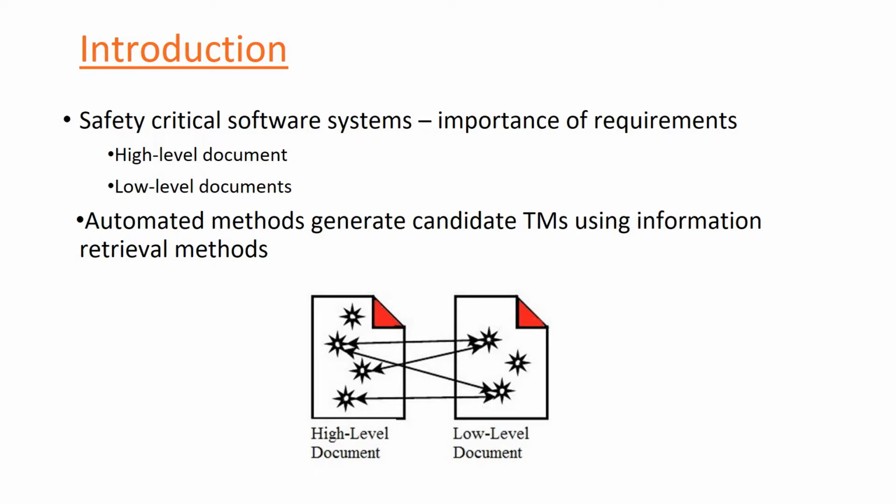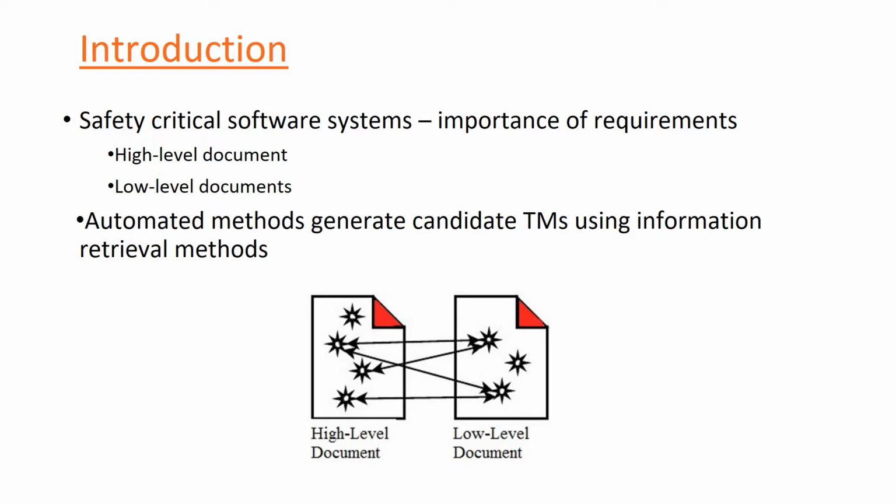We have automated methods that generate a candidate traceability matrix, which is the collection of possible links between the high-level documents and low-level documents, as you can see in the diagram, using information retrieval methods.